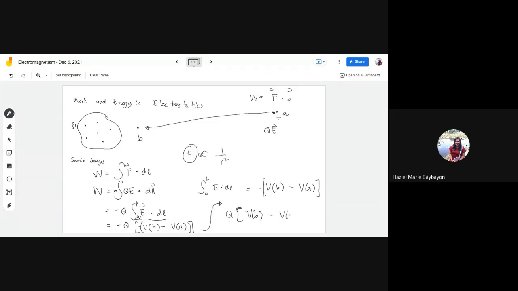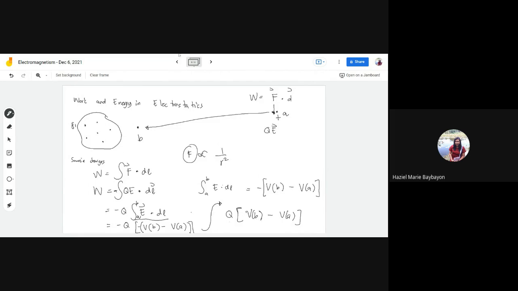Minus V of A. Or we can have another definition of the potential here.